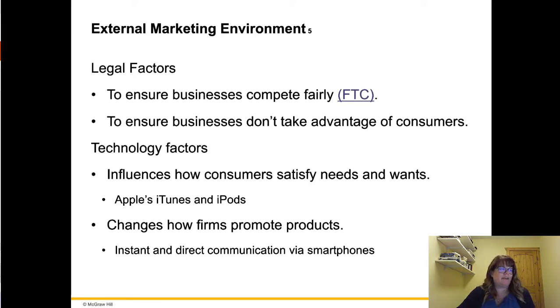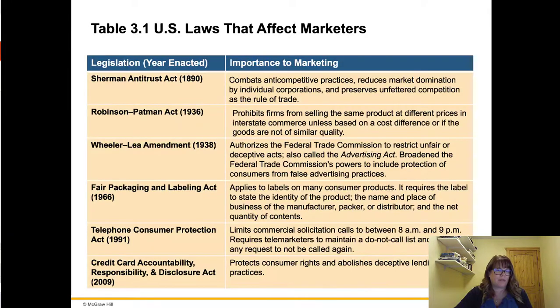In addition to affecting how consumers use products, technology changes the way firms promote their products. In recent years, a growing number of consumers have abandoned the traditional landline telephone in favor of cell phones. This technology-driven change gives marketers new ways to reach customers.